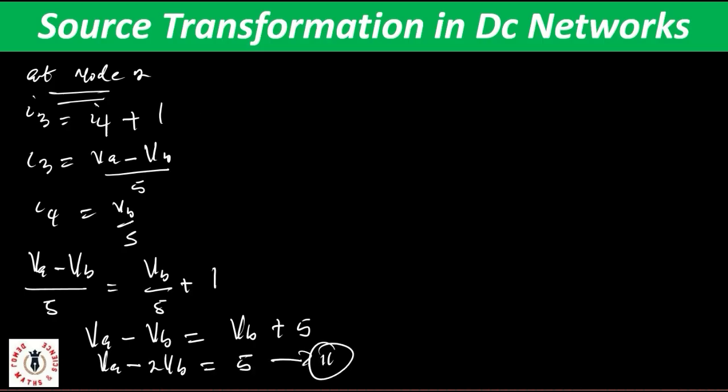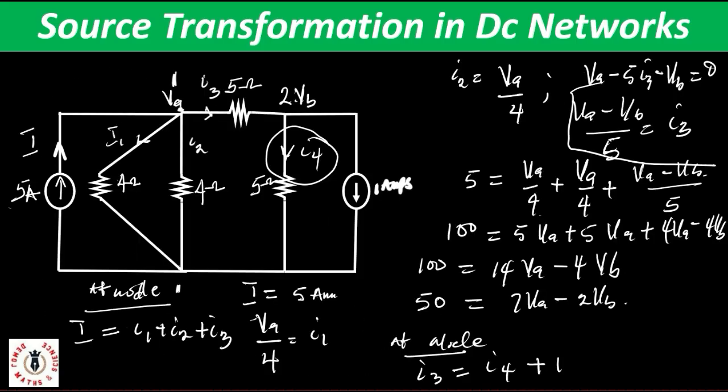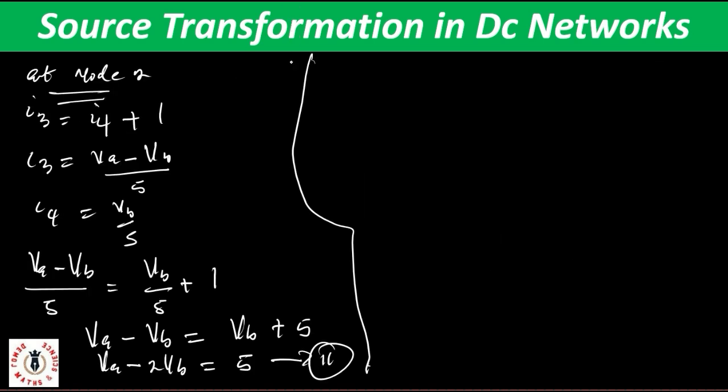They are looking quite similar, so we can draw some conclusions from there. This is the first equation I derived, equation 1. So let's bring them together. Here's 50 equals 7VA minus 2VB.